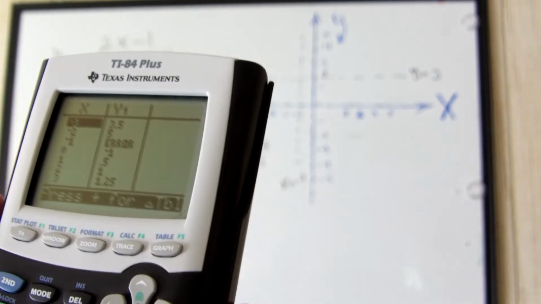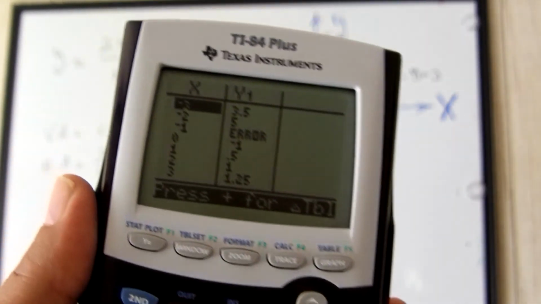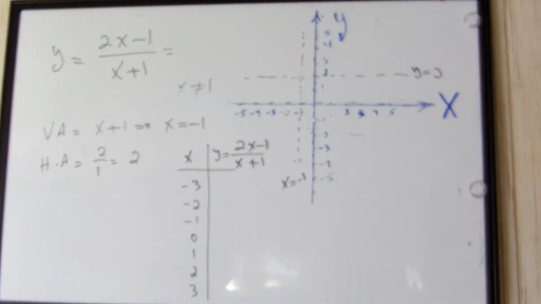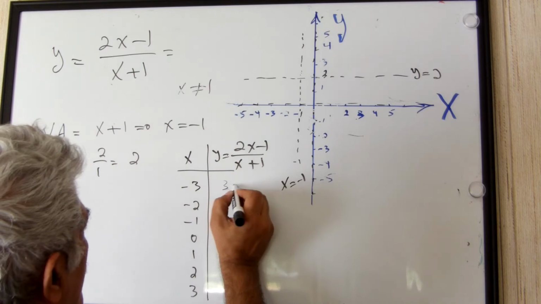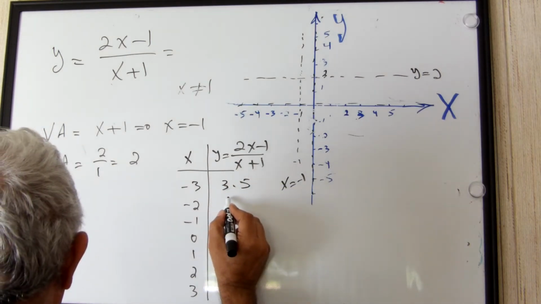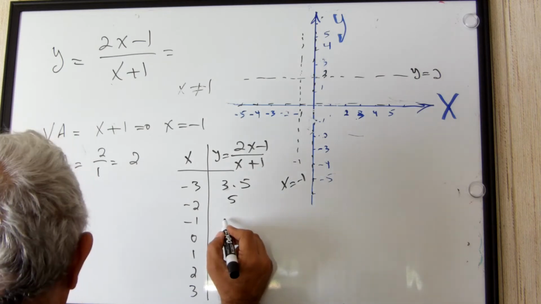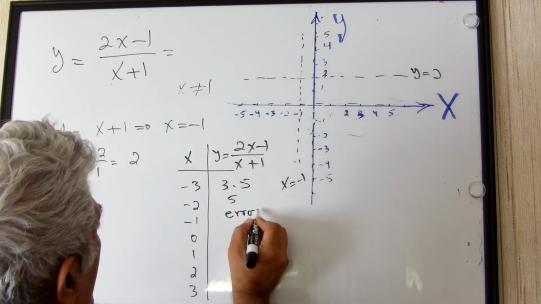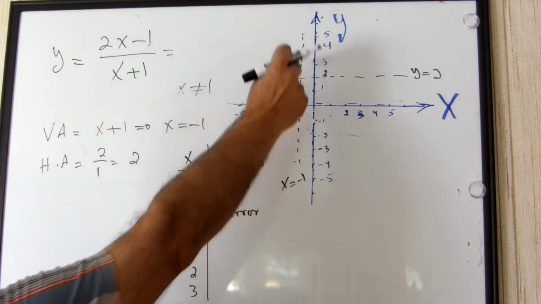So we find these values and write them there. -3 gives 3.5, -2 is going to be 5, and -1 is giving an error.